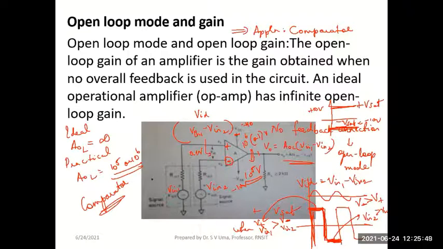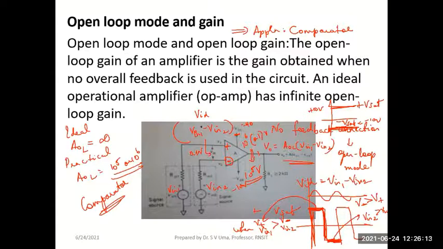If we don't use negative feedback, we'll be using the op-amp in open loop mode. As we discussed in the previous class, in open loop mode, the gain of the op-amp is very huge. So the op-amp ideally gives you infinite gain. What happens to the signals then?